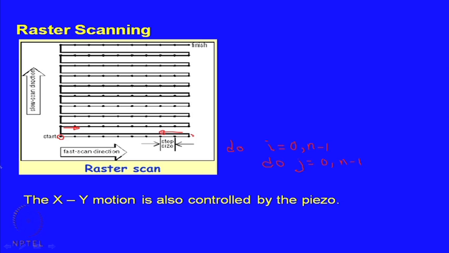So, for every i, let us say i equal to 0, it goes to every point from j equal to 0, 1, 2 all the way to n minus 1, then comes back, moves on to i equal to 1, then again moves from j equal to 0 to n minus 1 and something like that. This is a raster scanning, but typically one would divide this zone into 512 by 512 or 256 by 256 data points.